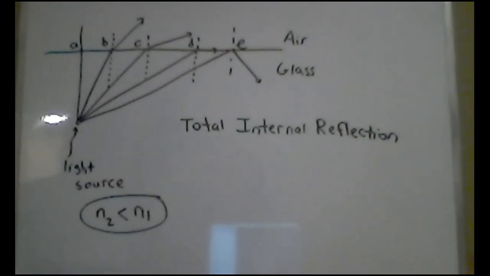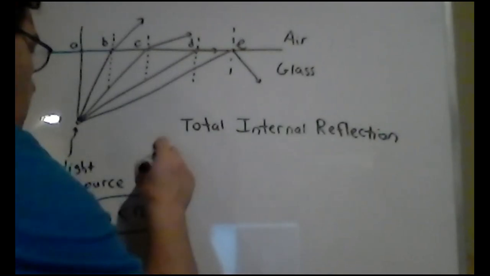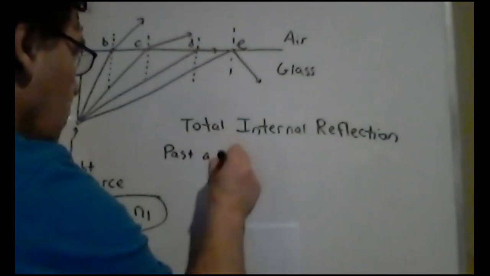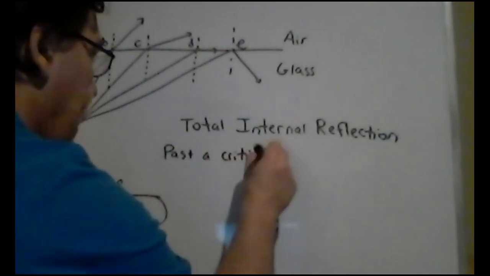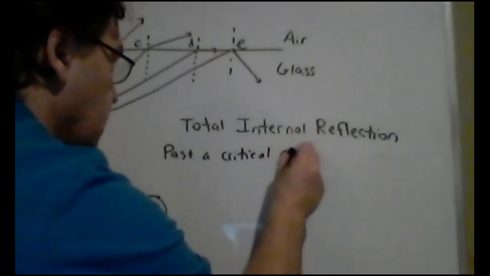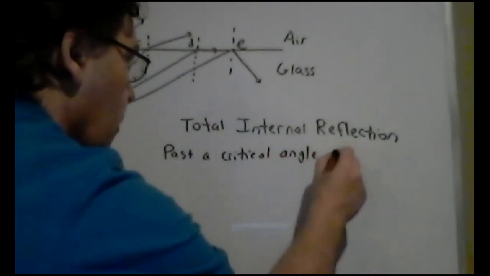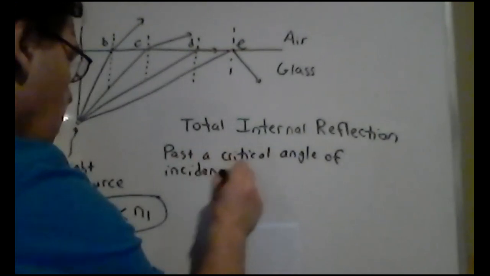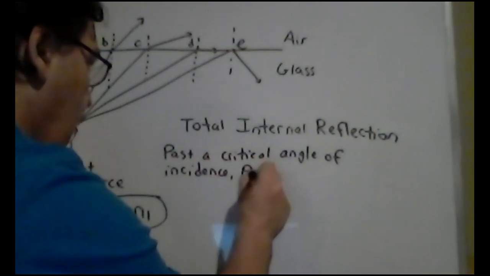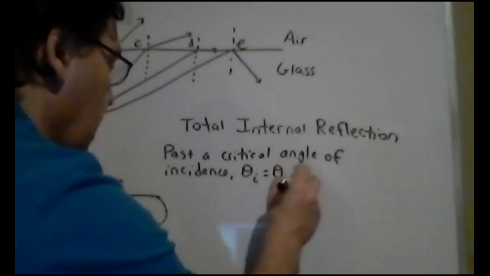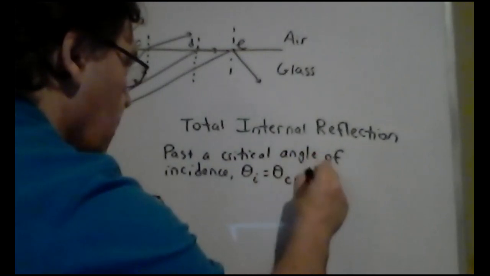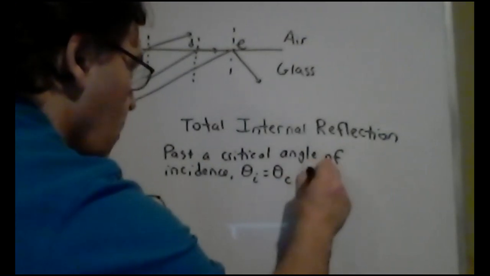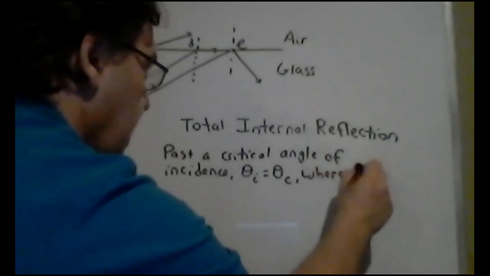All right, so it means that past a critical angle of incidence, which we usually call theta sub C, this is where the refracted angle is 90 degrees.